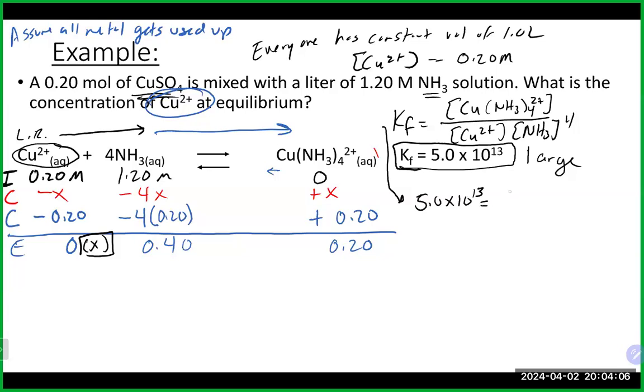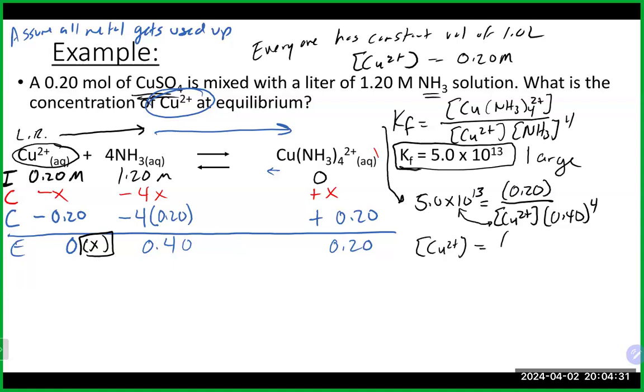We're going to put in our values here at equilibrium, 0.2 for our product. Our copper 2 is what we're looking for. And our NH3 is 0.4, which we still need to take to the 4th power. We're going to solve for copper 2, which basically means these two guys are going to switch places.